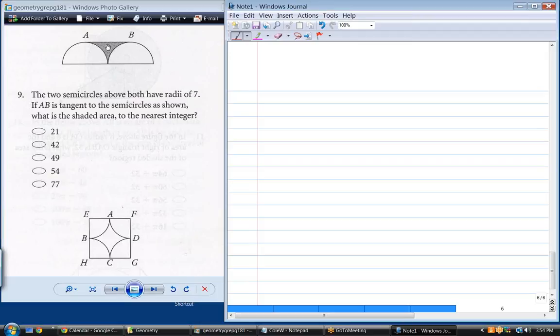But we do have the mathematics to figure out the area of the circles, or the semicircles. So what I want to do is take the area of the entire object and subtract out the area of the two semicircles. Problem is, what the heck is the area of the entire object?